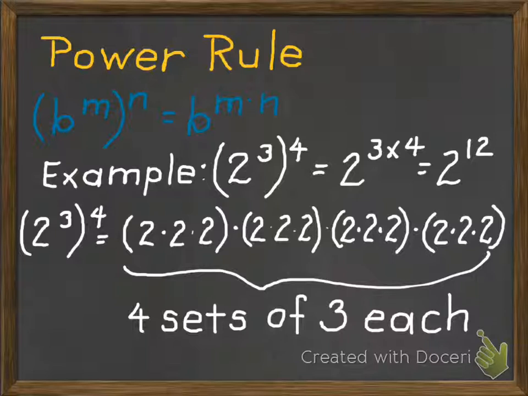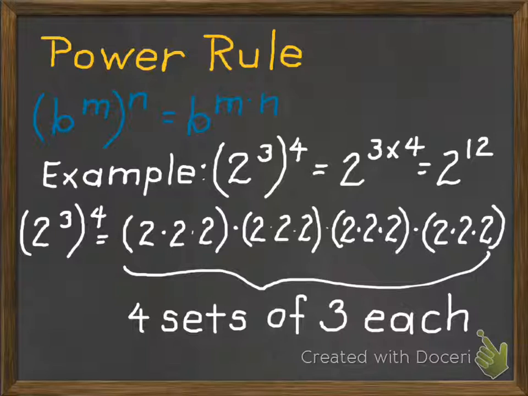Looking at why that works, we have 2 to the power of 3. That is 2 times 2 times 2. But that 2 times 2 times 2 is itself raised to the power of 4. So it becomes the repeated factor now, and it is repeated 4 times.